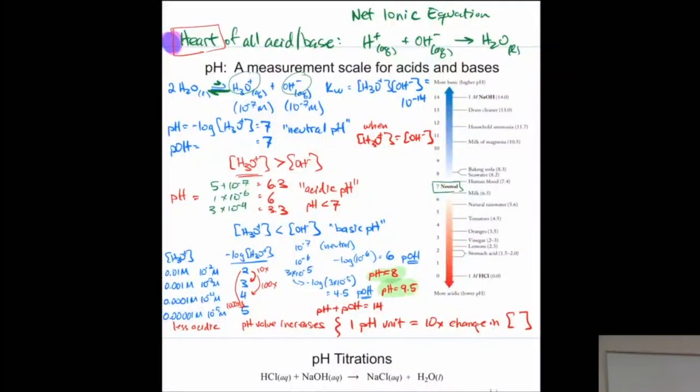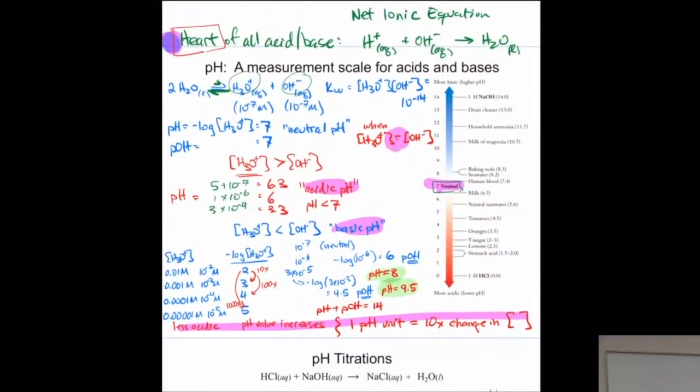Right? When we have this situation, we're at neutral pH. You need to understand neutral pH versus an acidic pH versus a basic pH. And you need to understand this counterintuitive nature of what pH actually represents. Okay?